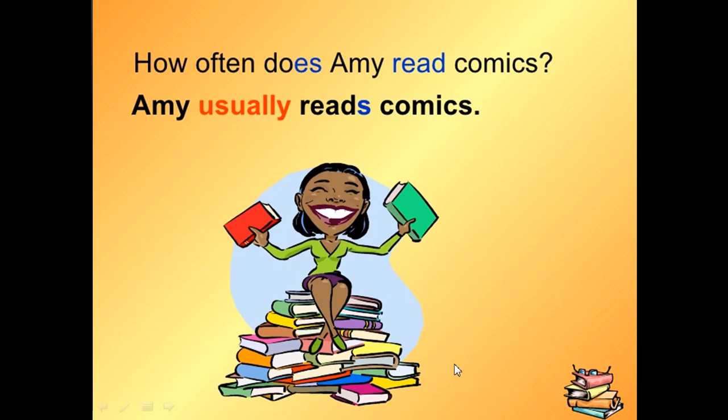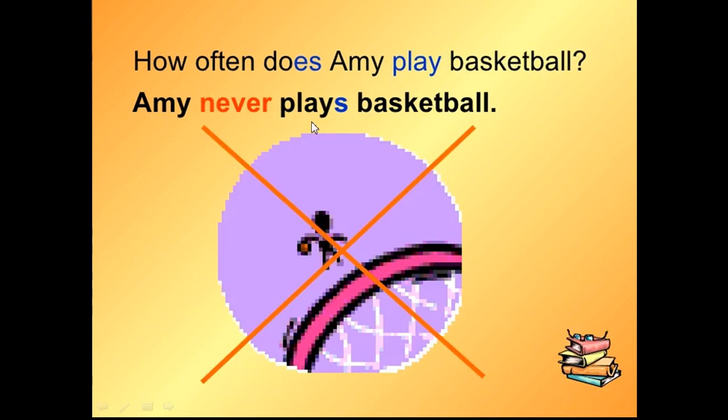Let's check the examples here. How often does Amy read comics? She usually reads comics. Or Amy usually reads comics. So usually here is an adverb of frequency. How many times does she do this? She usually reads comics.